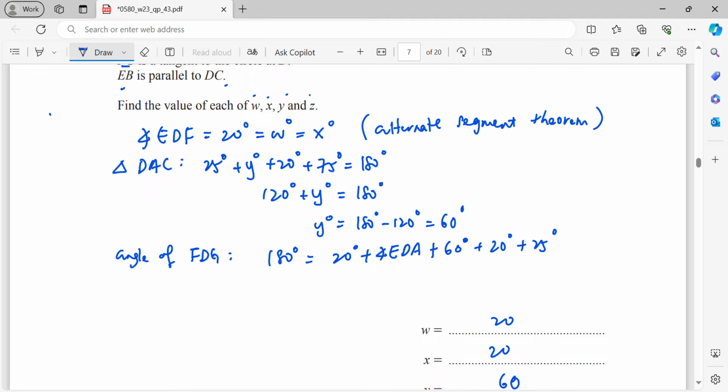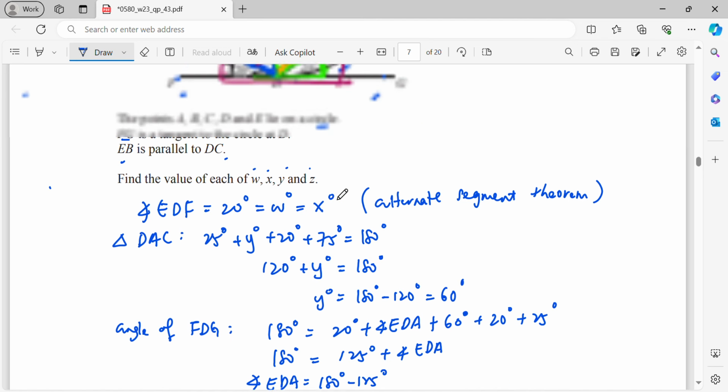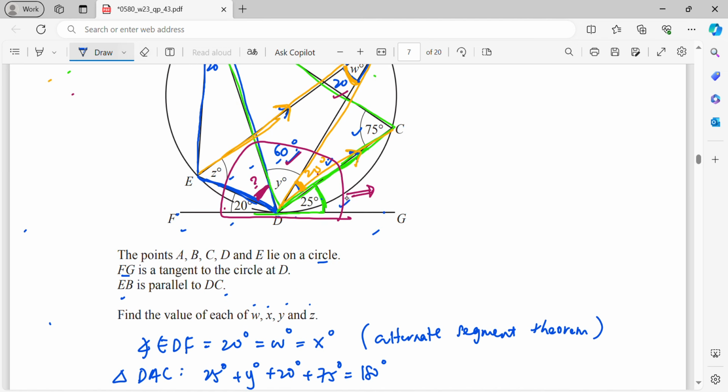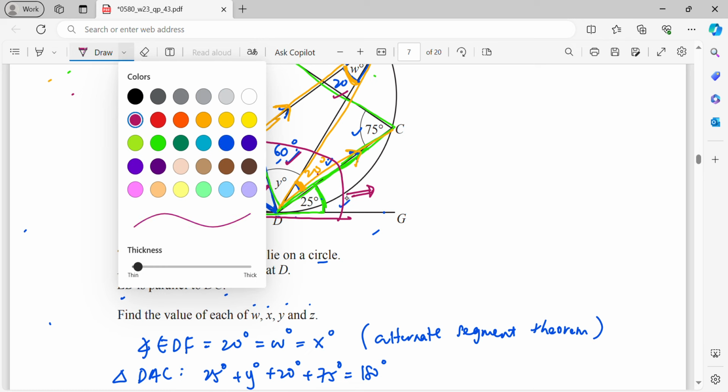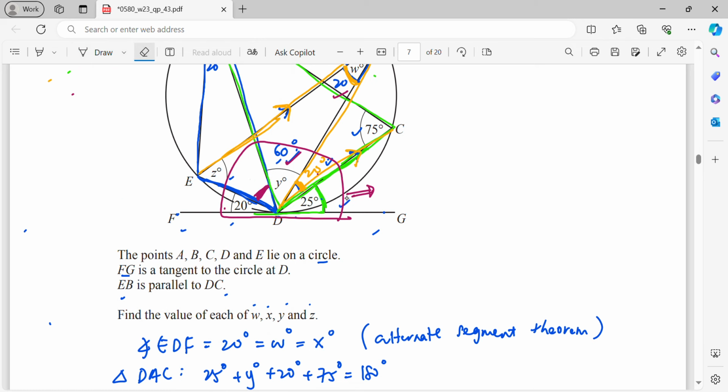From here, it will be 180 degrees equals 125 degrees plus angle of EDA. Therefore, my angle of EDA will be 180 degrees minus 125, which is 55 degrees. So now here I found my 55. This purple color is 55 degrees.